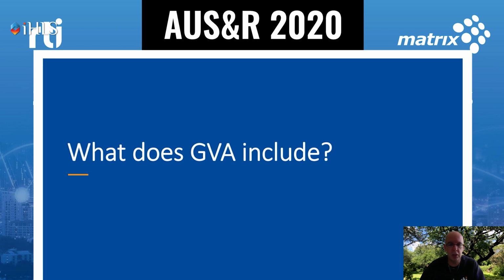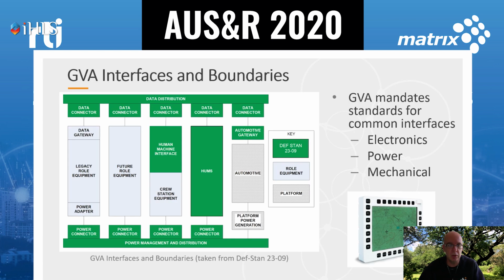What does GVA include? This image is lifted directly from the UK version of DEF STAN 23-09, which is the GVA standard. It describes the separate components that are connected through the data distribution service, DDS, and their specific roles within the vehicle.